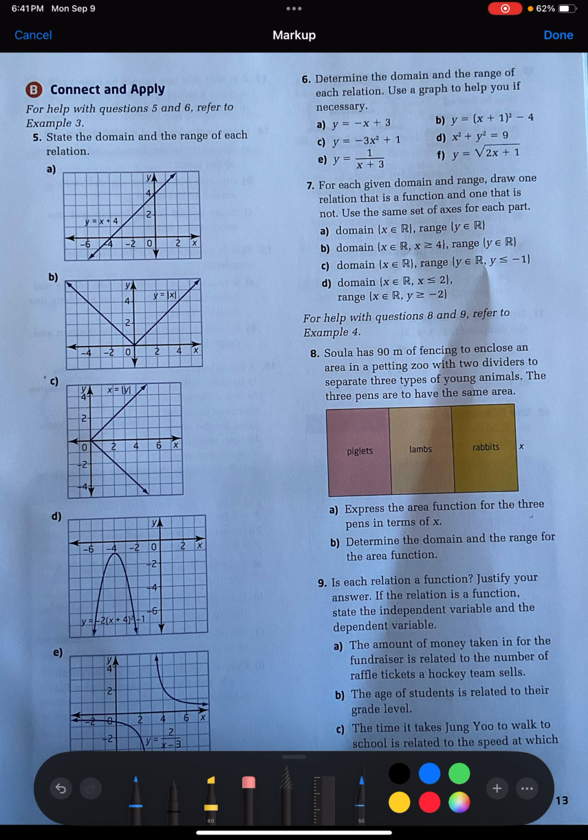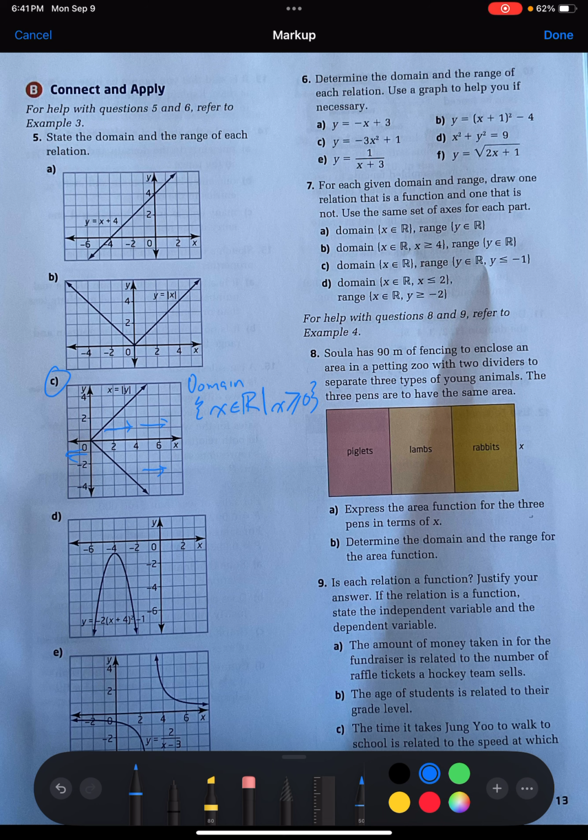Here, we're doing C now. Now, let's see. What's the x? It goes here, but it doesn't go there. So the domain, in this case, is the set of x element of real numbers such that x is greater or equal to 0.